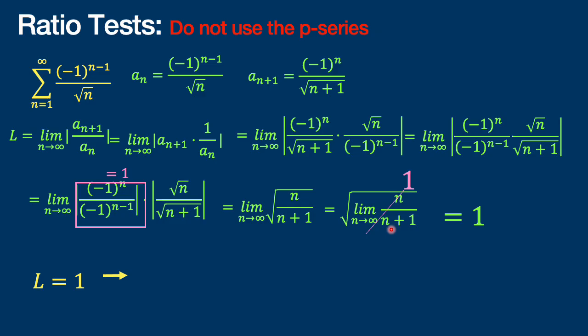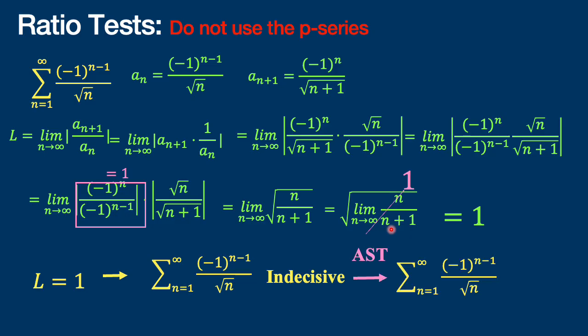What does the ratio test say? It says L equals 1. This ratio test cannot tell us if a series converges or diverges. We have to use a different test, but we already know this alternating series converges by the alternating series test.